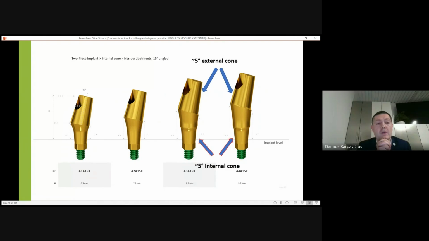And when we are doing bridge type solutions, and if our implants are diverging or converging to each other, we can additionally use this type of abutment. And then we again have the possibility to make a bridge without any cementation, and with the possibility of retrievability. That means we can refix this bridge whenever it is necessary.